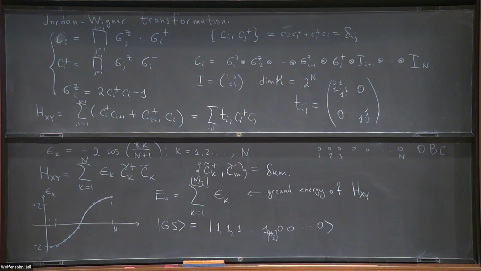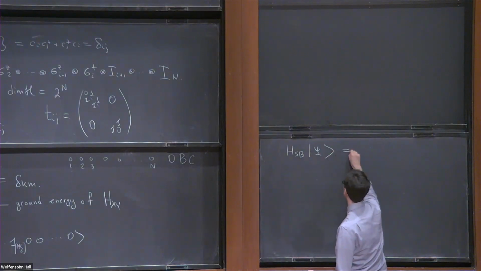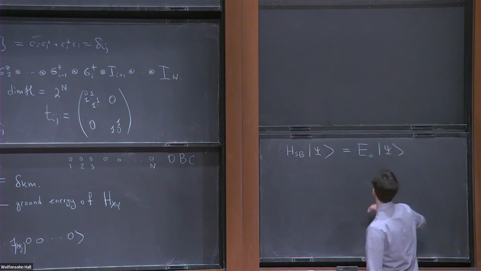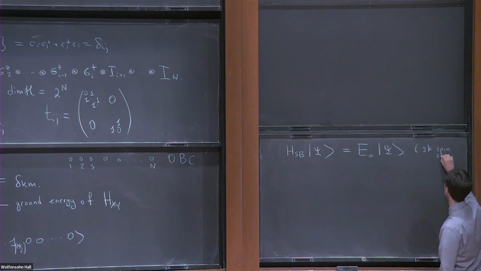So I have to solve this Schrodinger equation for the 2k spin chain. All right.